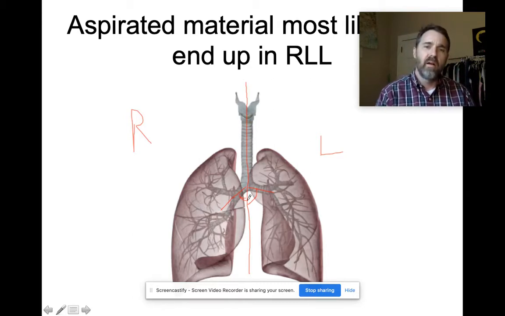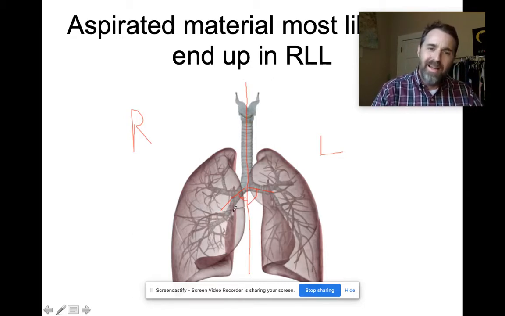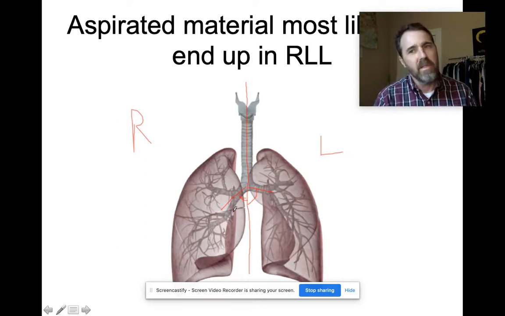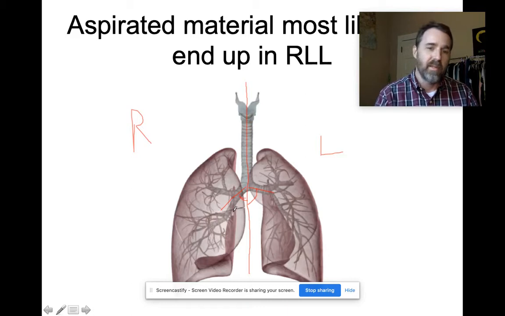anatomy of the trachea and the primary bronchi comes into play a lot in the ordinary life of a speech-language pathologist.